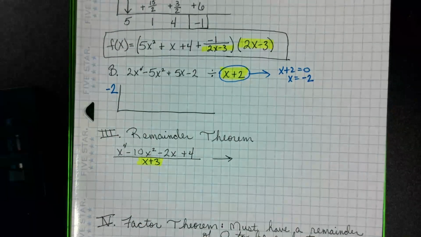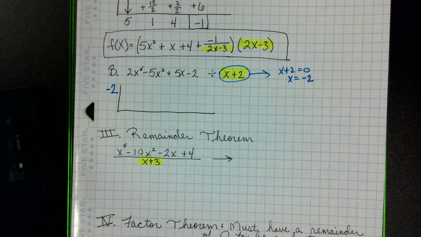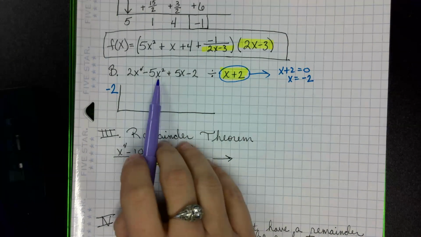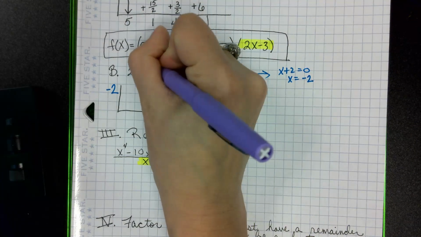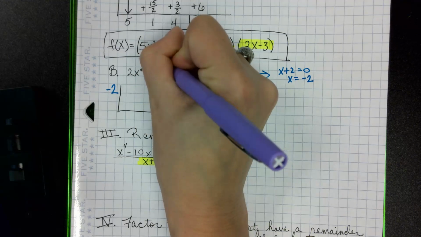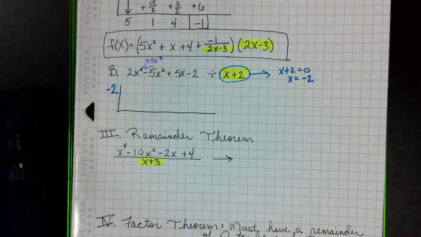Set up the upside down division. And then before you start writing your coefficients, make sure you have all of the powers of x. I have x to the fourth power, then I have x to the second power. I'm missing x to the third power. So I'm going to put a little note, plus 0x to the third power. It's not there, so I need a placeholder. You have to use a placeholder.